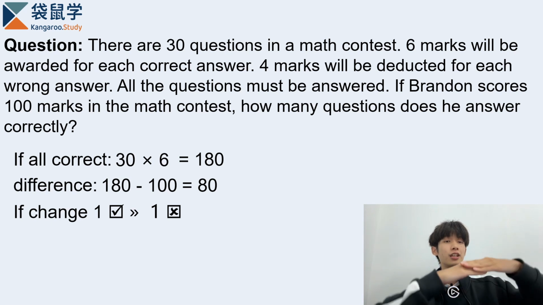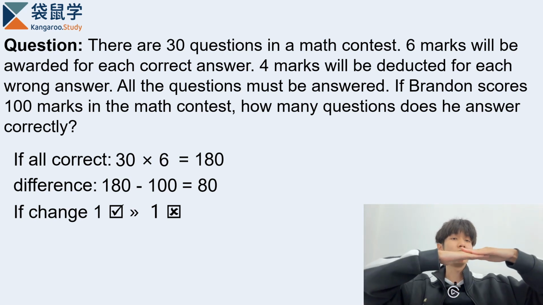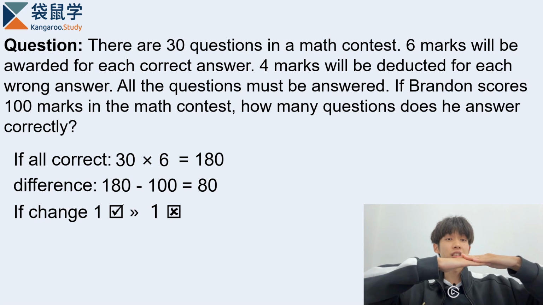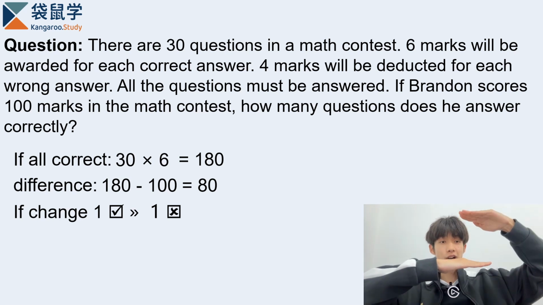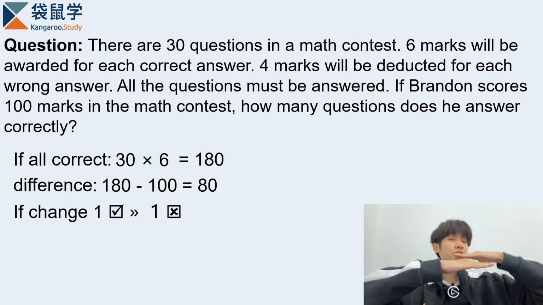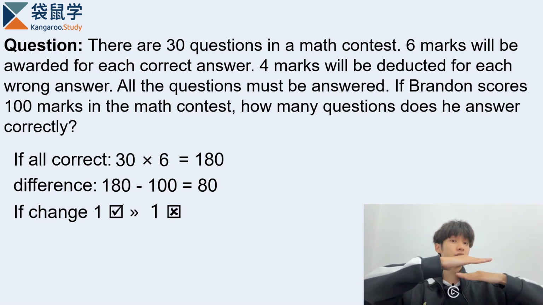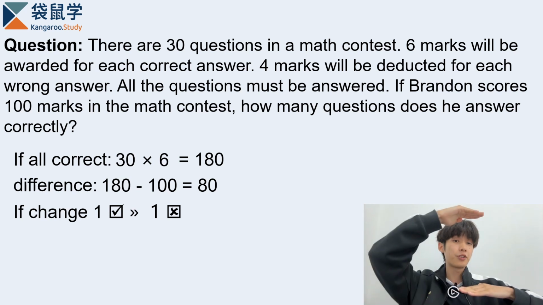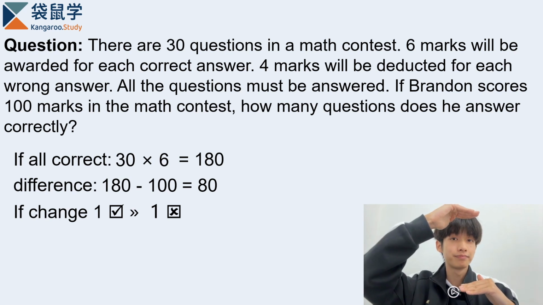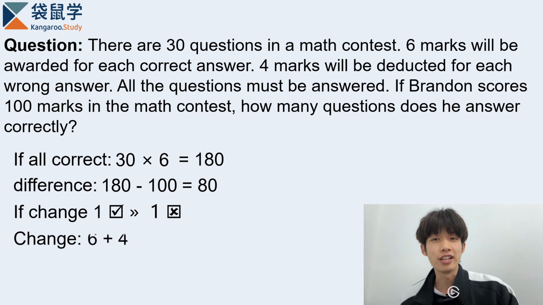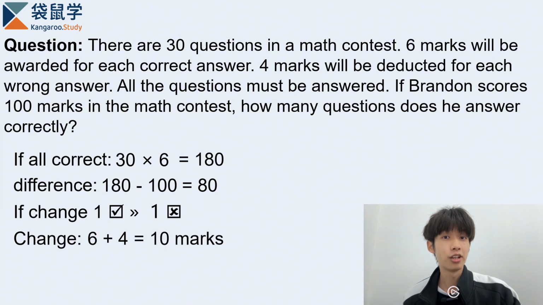If we have this score and we get this question correct, we get 6 marks. And if we get this question wrong, we will not only lose this 6 marks, we will also deduct 4 marks from the previous score. So the total difference is 4 plus 6 equals 10 marks. From here, the difference is 6 plus 4, 10 marks.